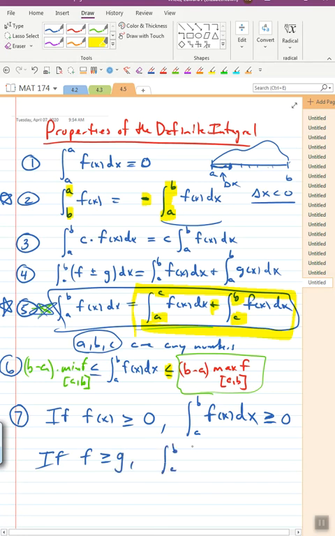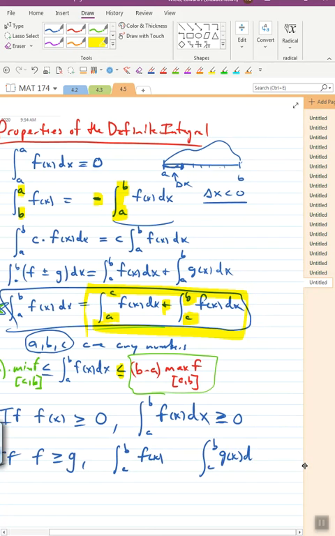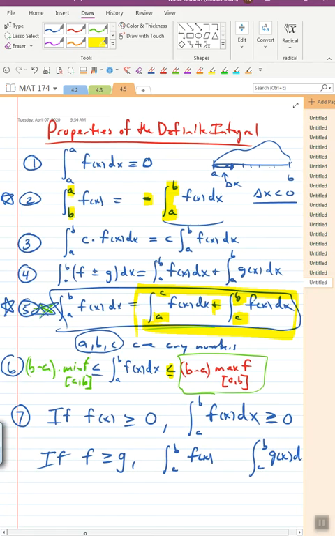Okay, what can I say about these two? If f is greater than or equal to g, would the integrals be the same way? Yes. Because if that's true, I know this is true, right?